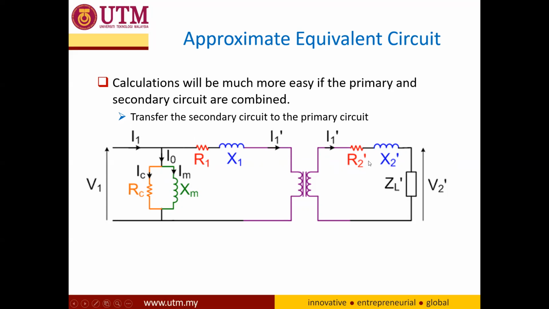We can also refer the secondary to the primary side. So we have R2 prime, X2 prime, I1 prime, and also V2 prime.